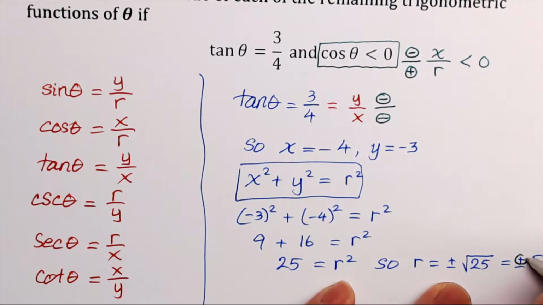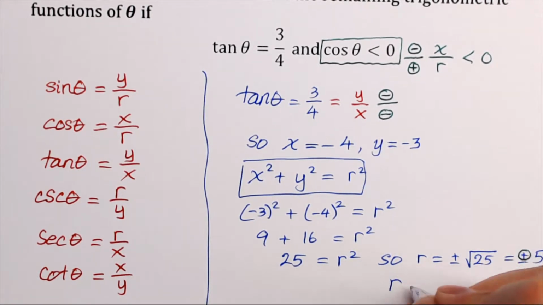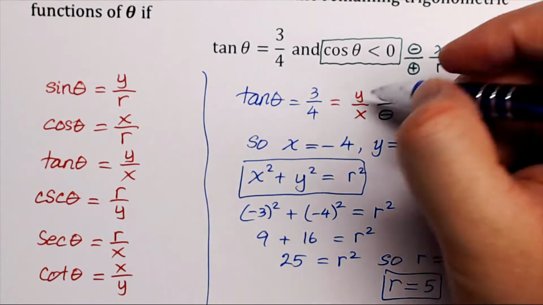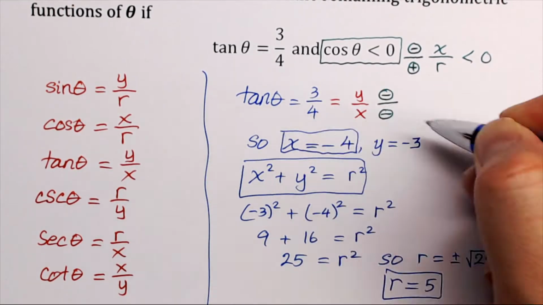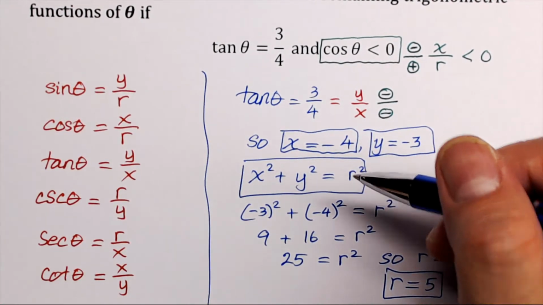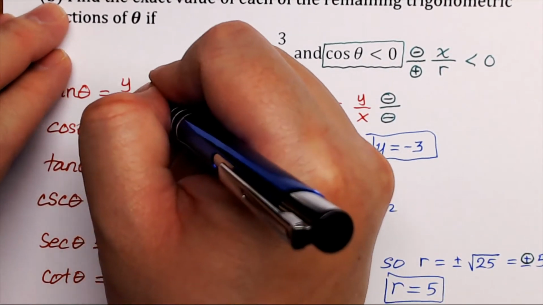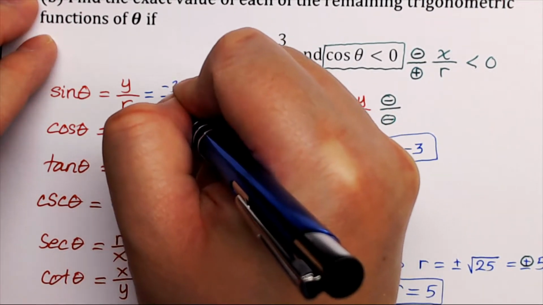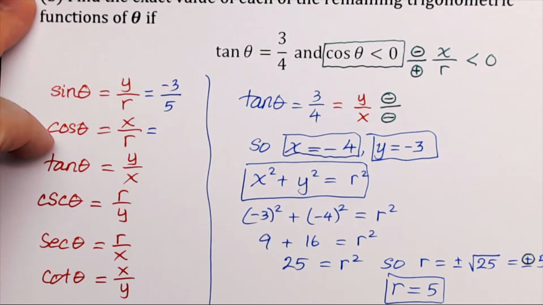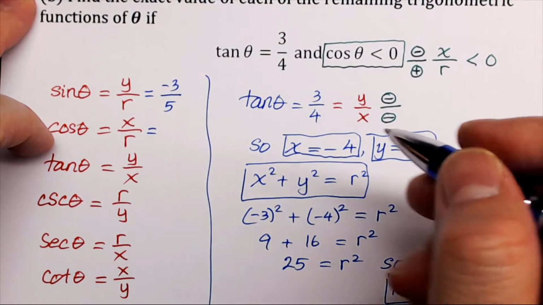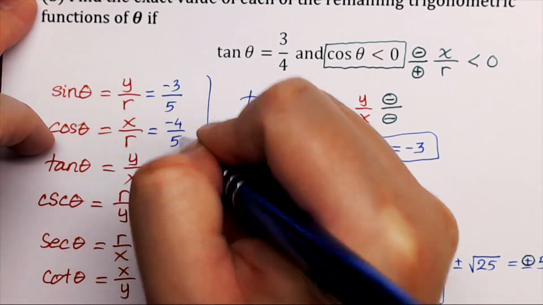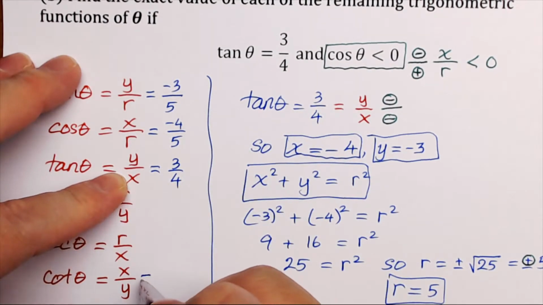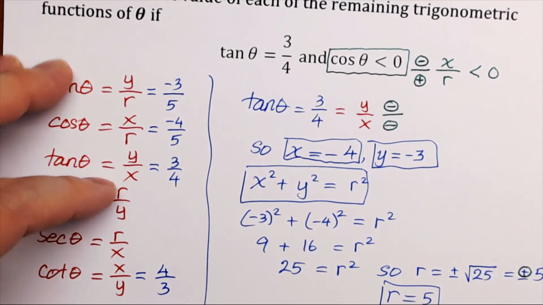Next we go to a similar type of question, but we are given a different condition. Again, I will write all the ratios again. Sine is y over r, cosine is x over r, tangent is y over x, cosecant is r over y, secant is r over x, and cotangent is x over y.